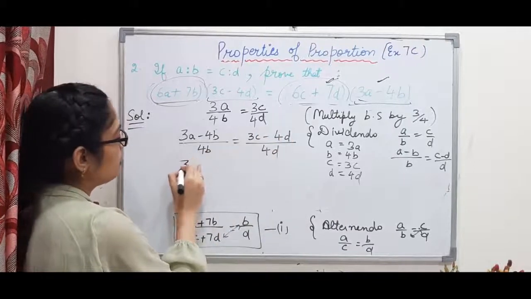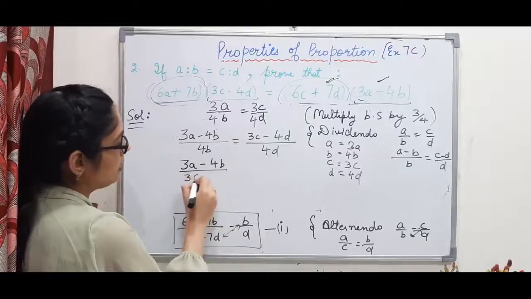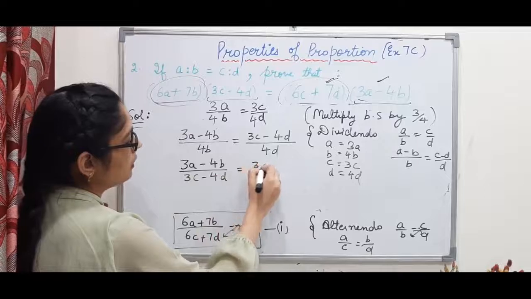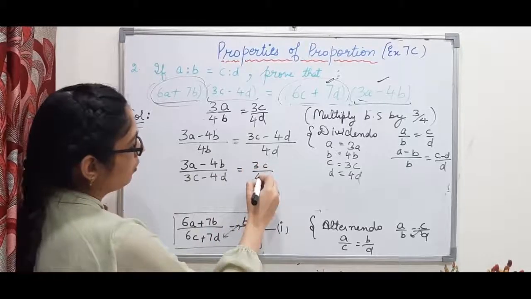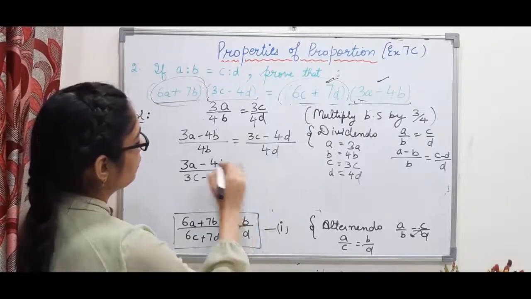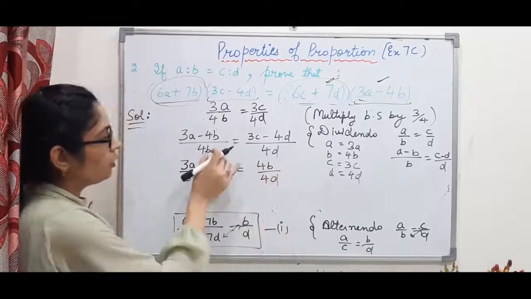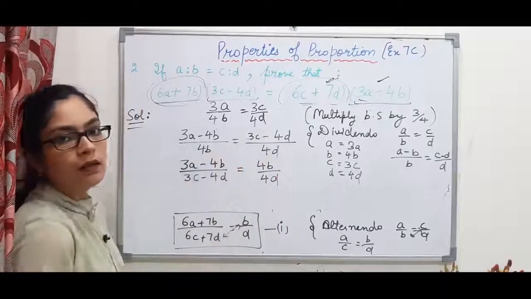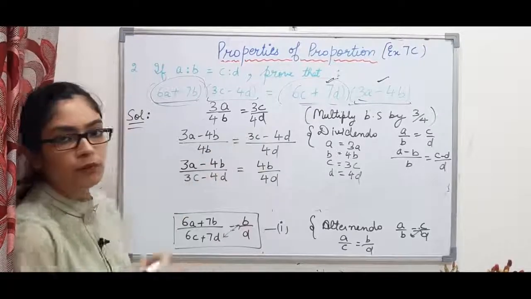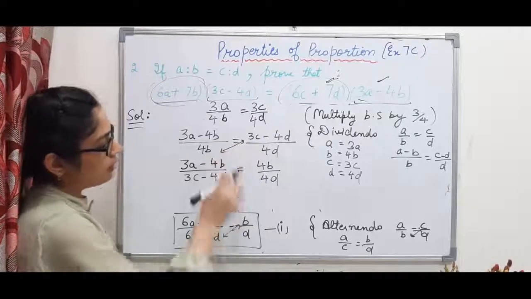So I will get 3a minus 4b by 3c minus 4d equals 4b by 4d, because I am applying alternando on their positions. There also we can apply. So this way, because that is what we need, I interchange their positions.